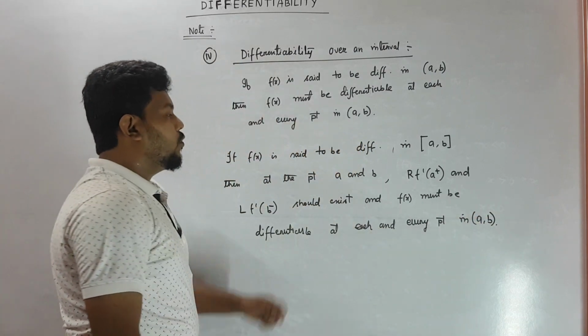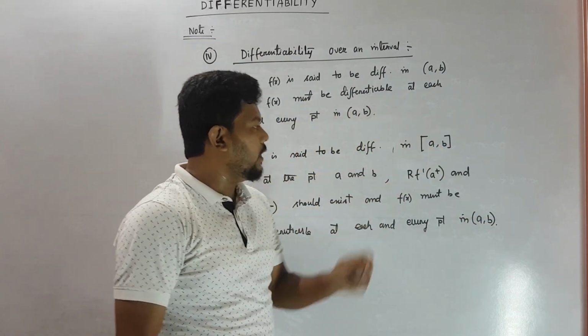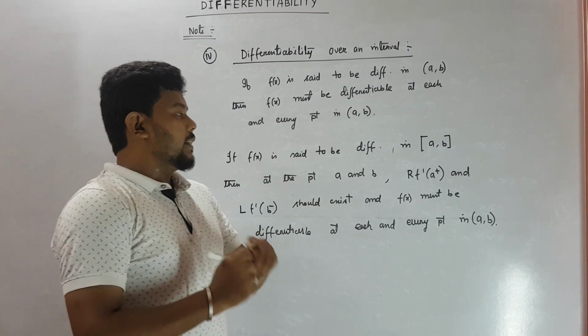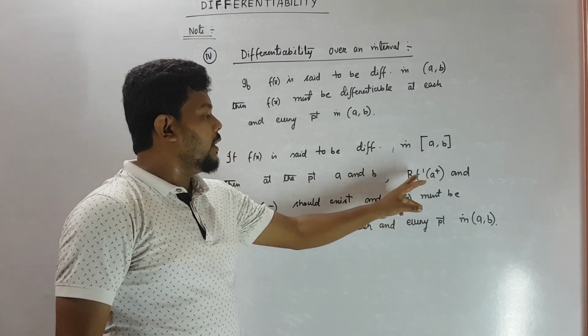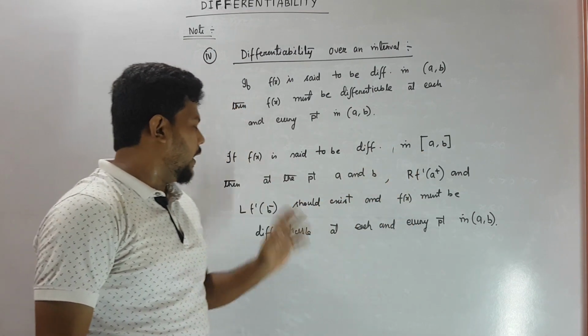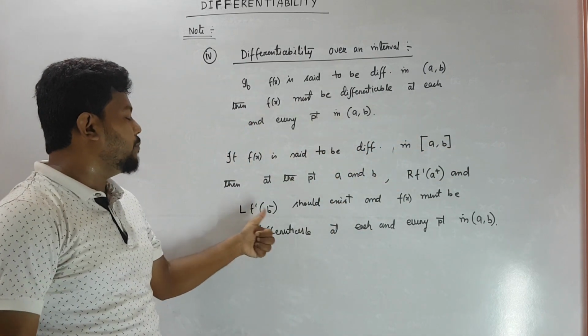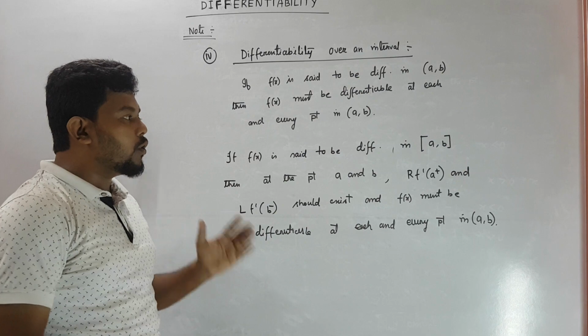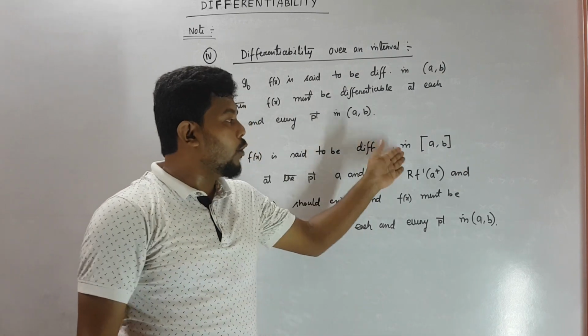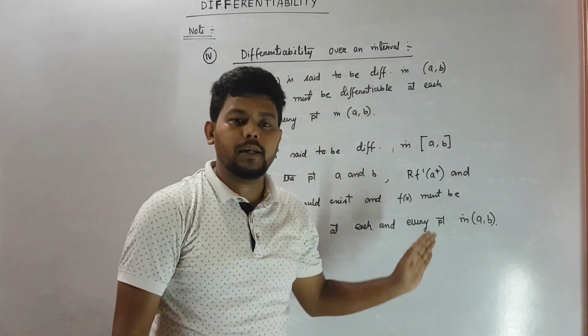That is, for the point x equal to a, the right hand derivative f dash a plus, and for the point x equal to b, the left hand derivative f dash b minus should exist, because we have to include the points a plus and b minus.